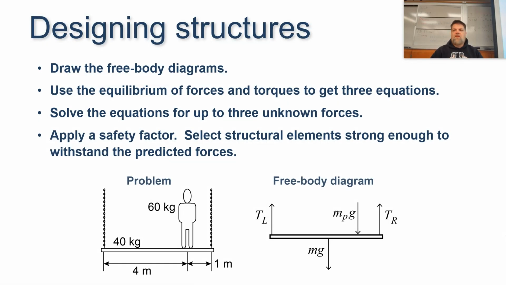Well, 60 kilograms is about 120 plus pounds. It's 132 pounds, actually, just so you can get an idea. And so we want to make sure that the tension on the left cable and the tension on the right cable is strong enough to support the weight of this person.